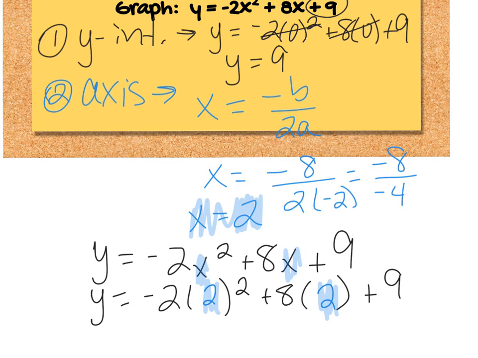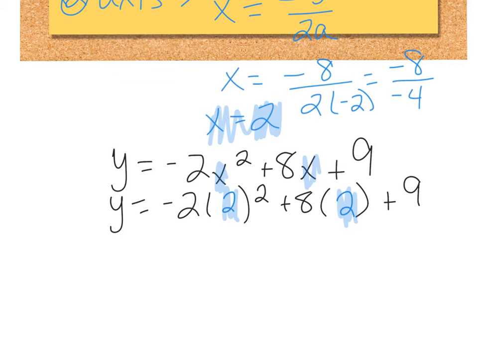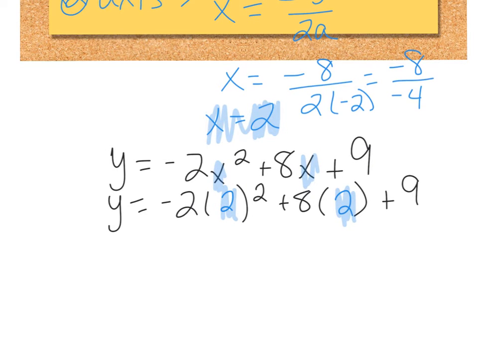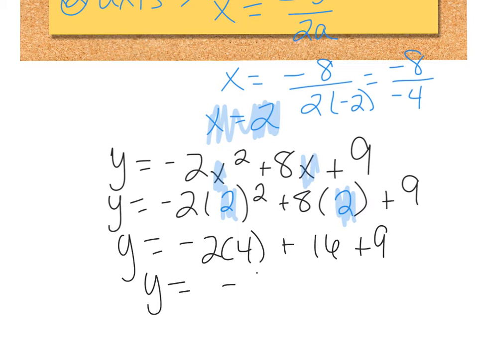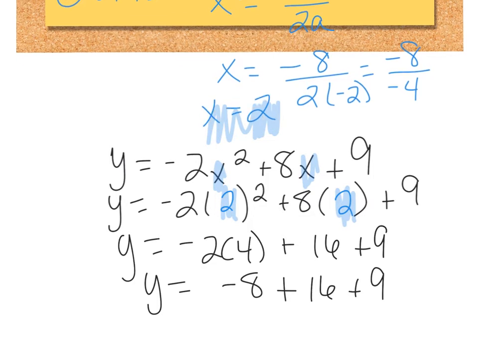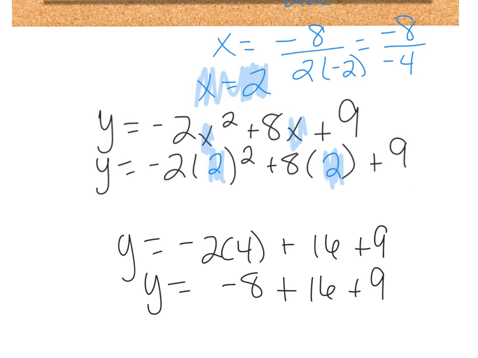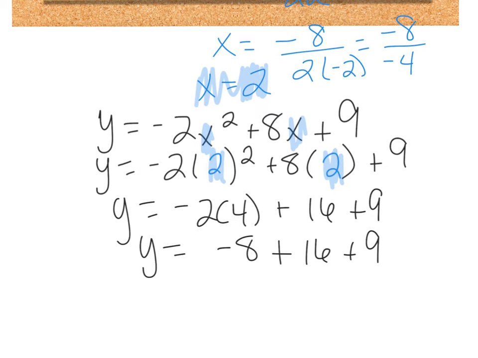So y equals -2 times 4 plus 16 plus 9, -8 plus 16 plus 9, -8 plus 16, -8 plus 9, so y equals 1.